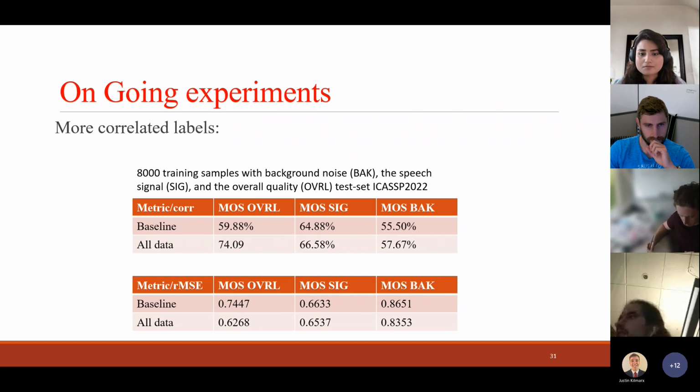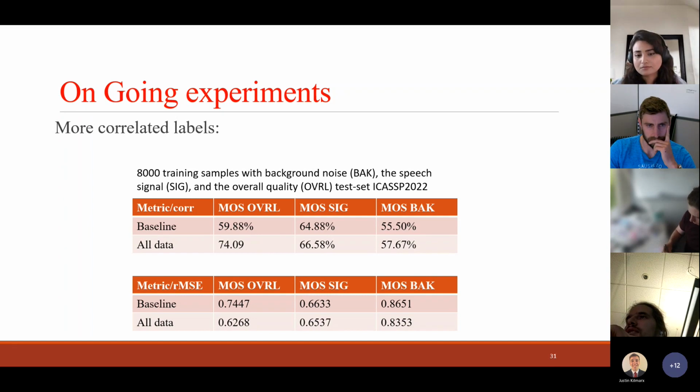Once we figure out the issue with those missing labels, we should have many more than 8,000 training samples, and it looks like we might get a better improvement for SIG and BAK. That would be a nice proof of concept, because we could potentially show that including additional training data in a multitask setup that is missing labels, so it doesn't have SIG and BAK labels, you can still improve the performance of SIG and BAK estimation, which is the goal of the project from the beginning.